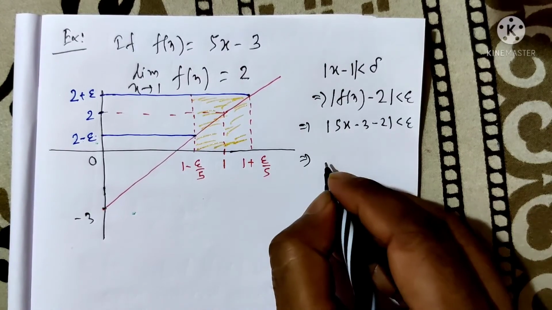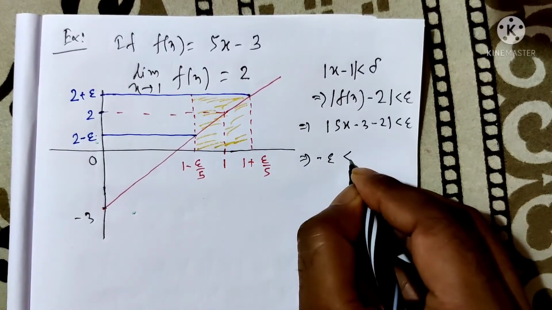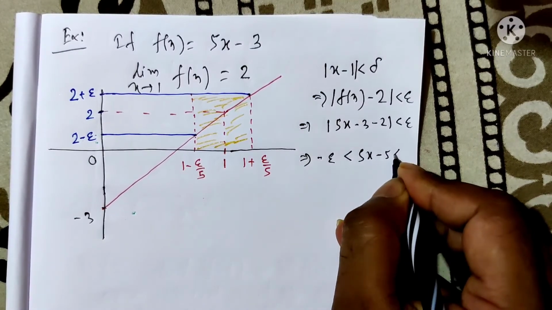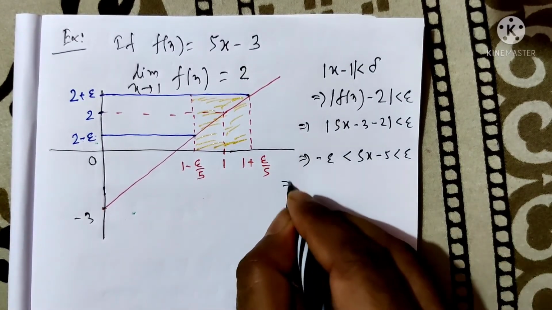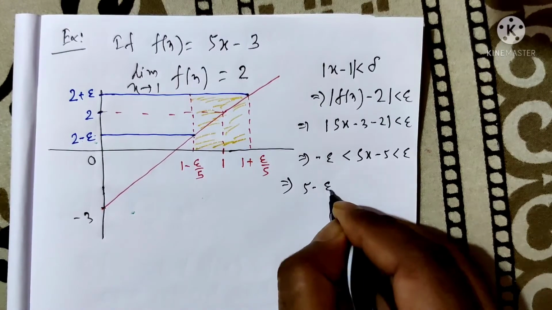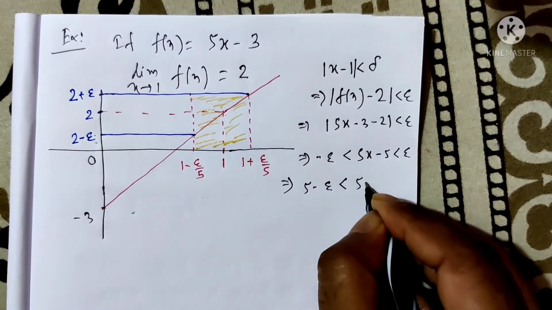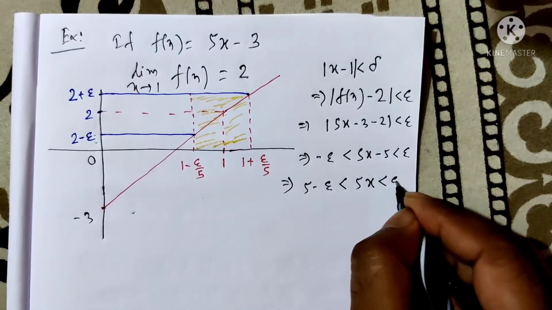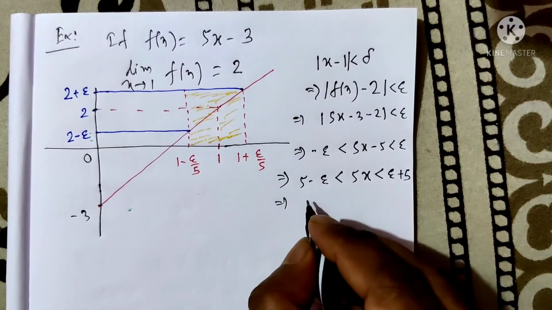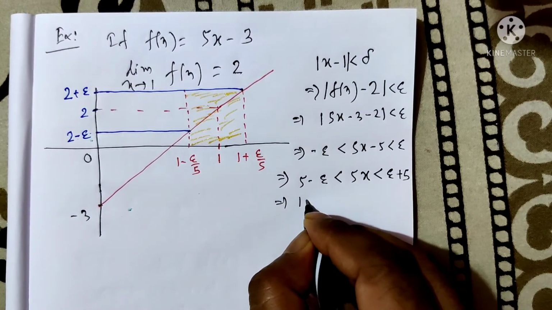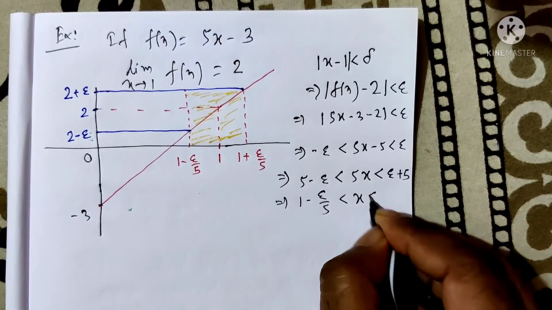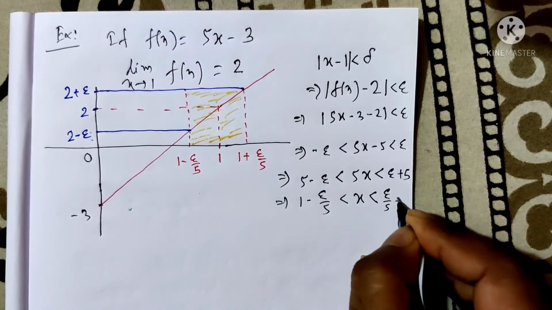That implies minus epsilon less than 5x minus 5 less than epsilon. That implies 5 minus epsilon less than 5x less than epsilon plus 5. Now divide by 5: 1 minus epsilon by 5 less than x less than epsilon by 5 plus 1.